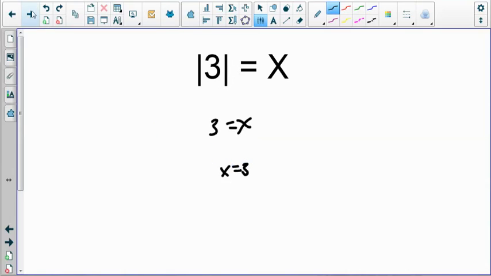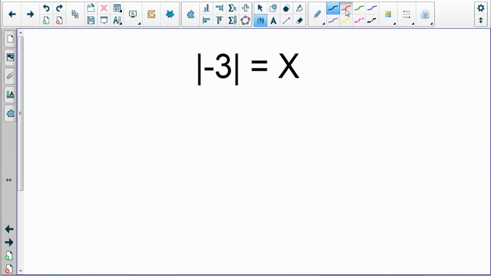All right, let's look at another one. This kind of illustrates it a little bit more closely. It's asking, how far from 0 is negative 3? Well, negative 3 is 3 away from 0, as I showed you before, which means that x is equal to 3. Notice on both of these, the x is over here, and just the constant, some number, is inside of the absolute value bars.